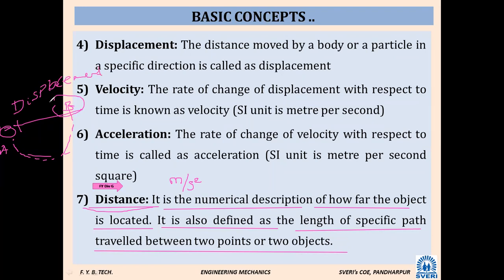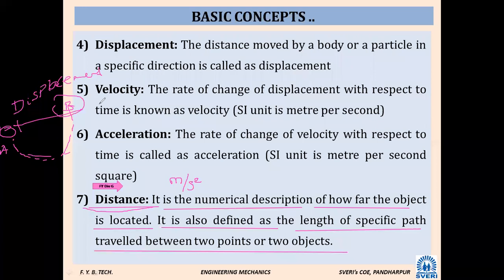So displacement is the shortest path between the object's positions, the distance moved by the body or a particle in a specific direction. And the distance is the actual path covered by the body.